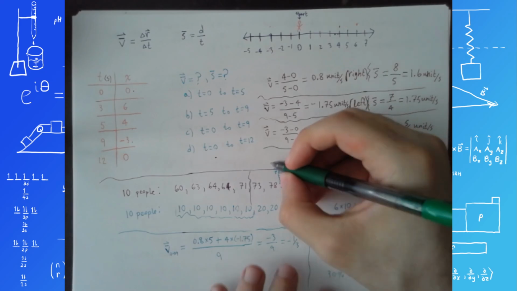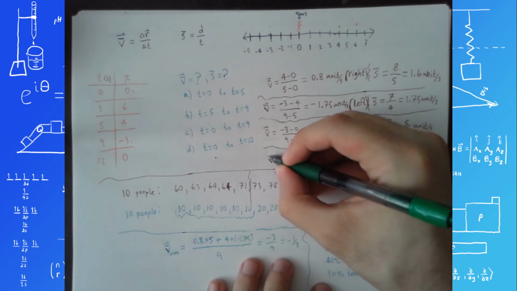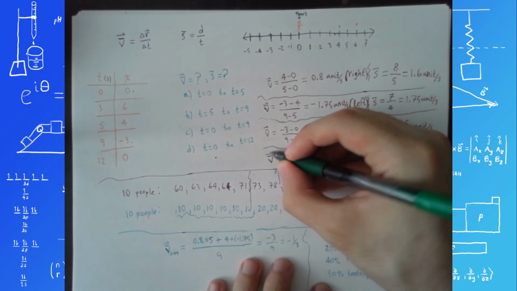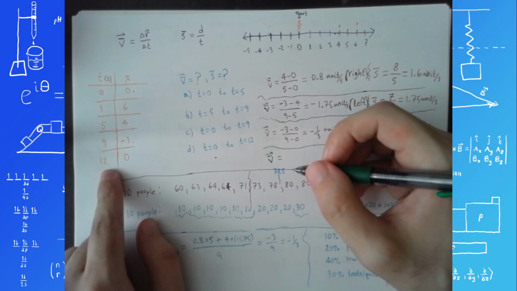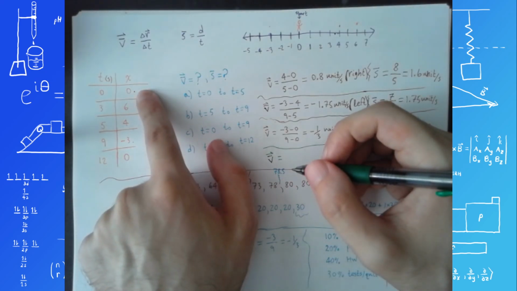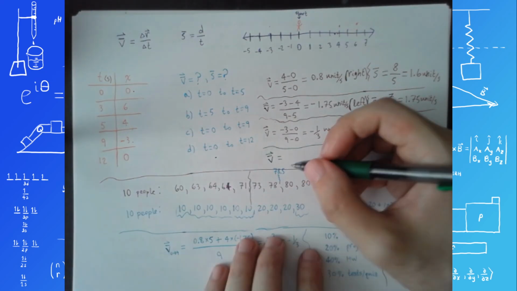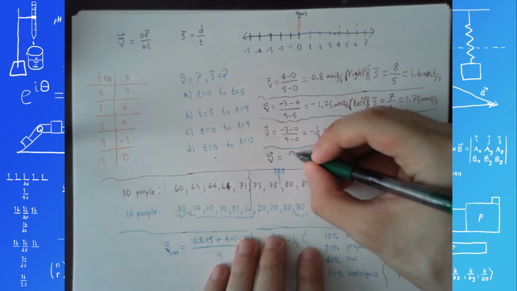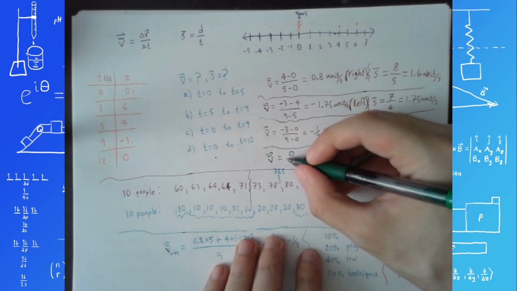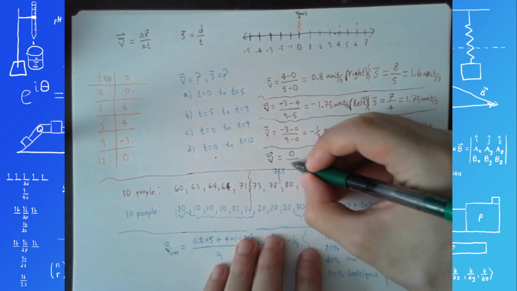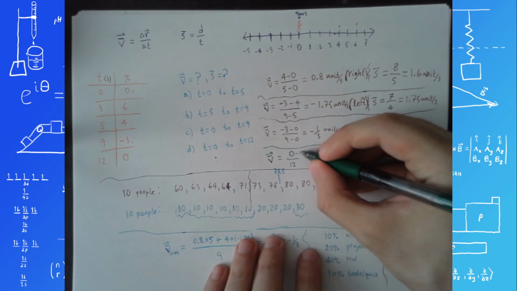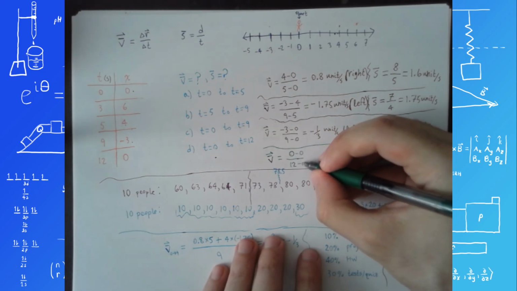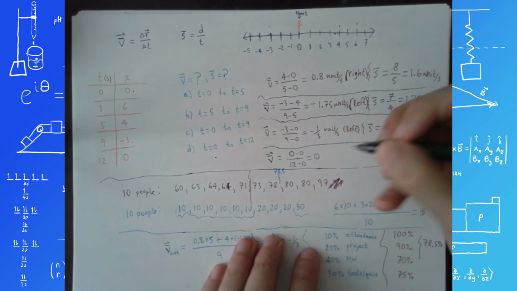Well, this one should be pretty easy if you just take a quick look at the change in position. From time 0 to time 12, starting position is 0, final position is 0, total change in position is 0 minus 0 is 0. It doesn't even matter how much time passed. So I guess 0 minus 0 over 12 minus 0 equals 0.